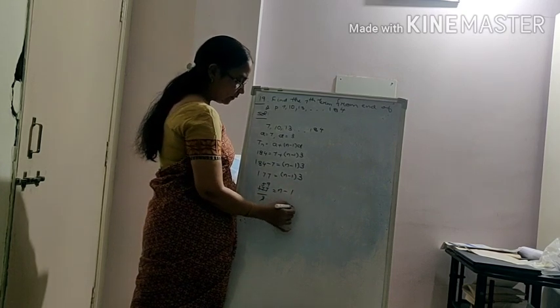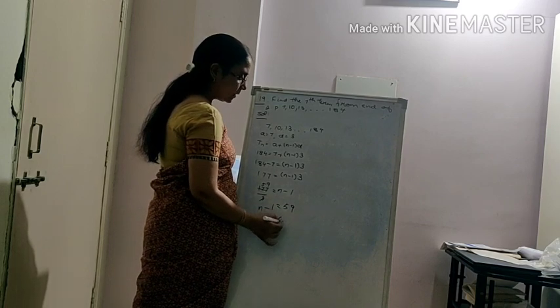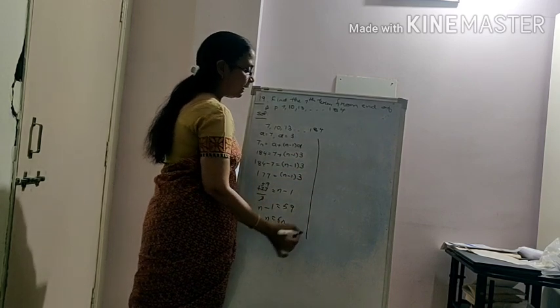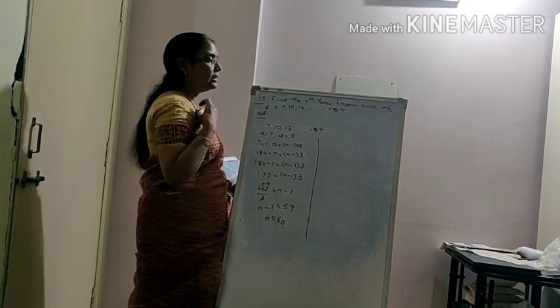N minus 1 is 59. N is equal to 60. So there are 60 terms in this series.